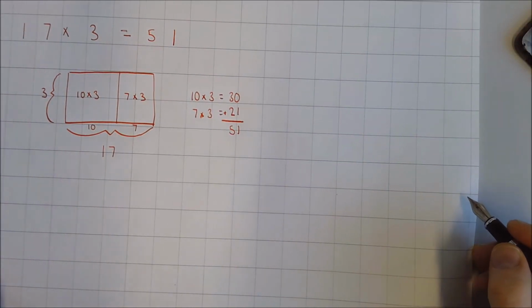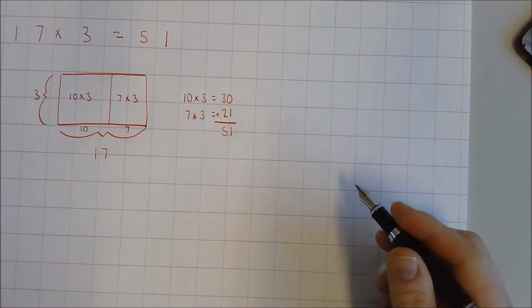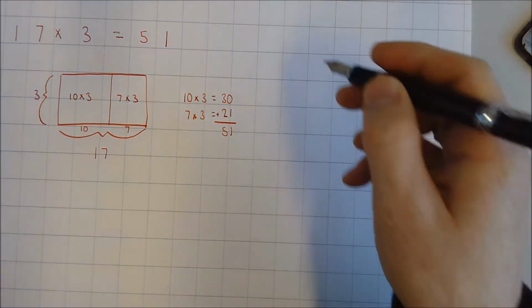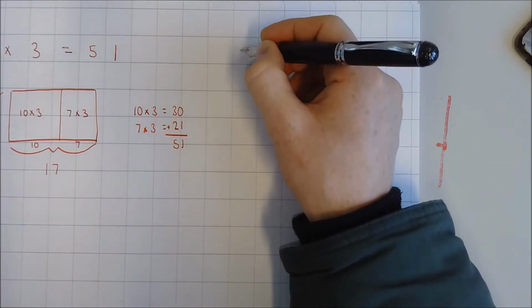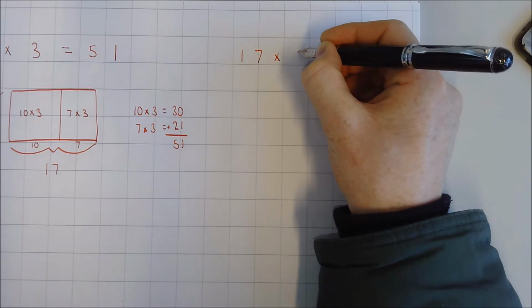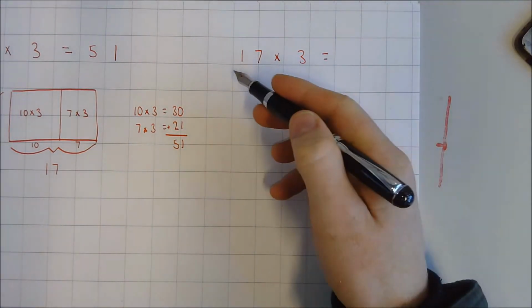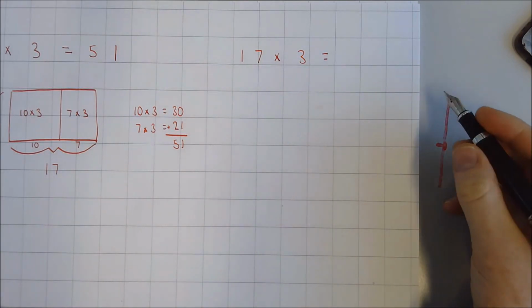Obviously, you don't need to draw an area model to help you. You should begin with a bit of practice to be able to do this without representing it. So let's do 17 times 3 again. You might want to do jottings like this to help you. We're going to still partition the same factor, the 17.